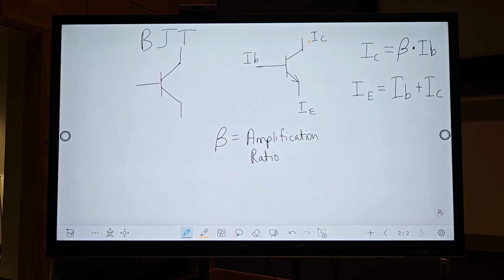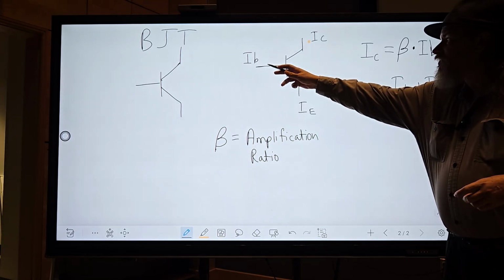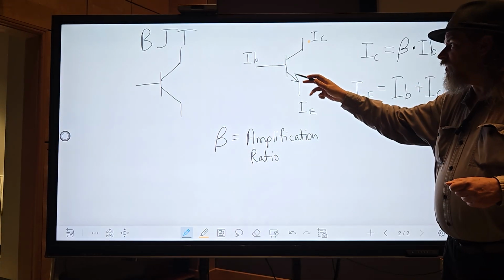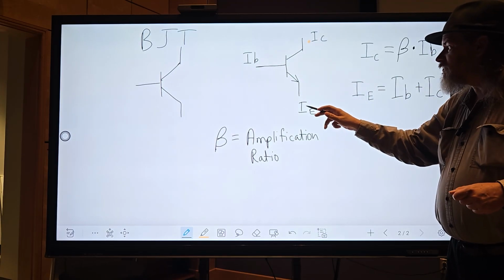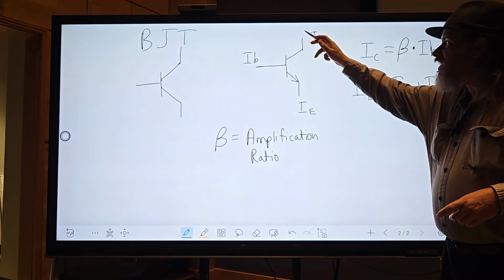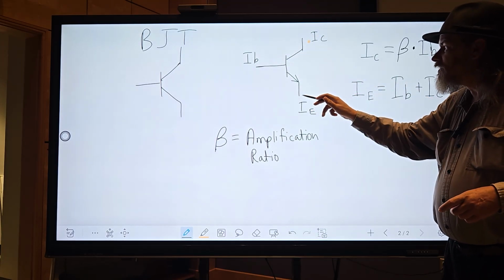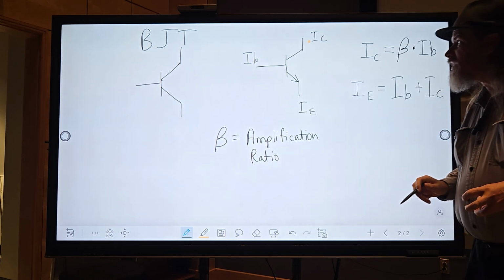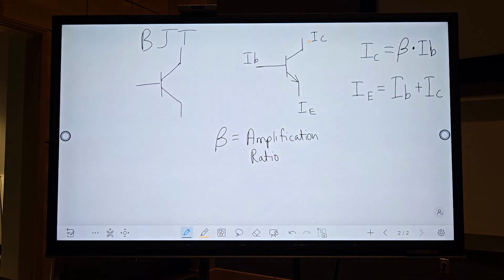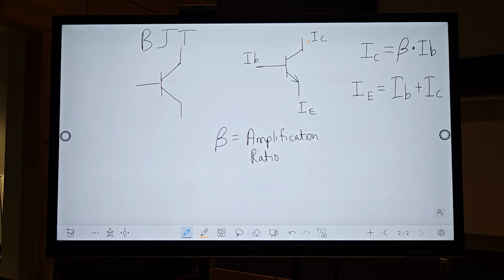So a small increase of the current flowing from the base to the emitter will cause a larger current coming through the collector to the emitter.